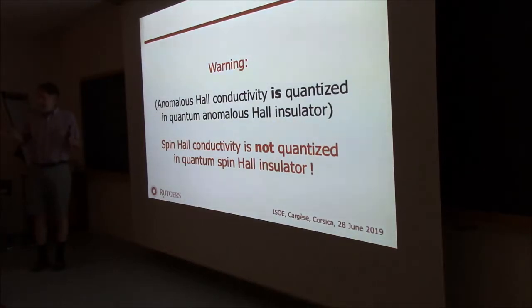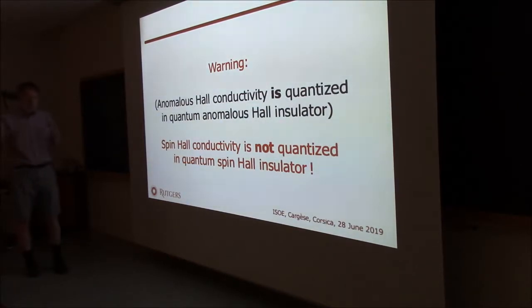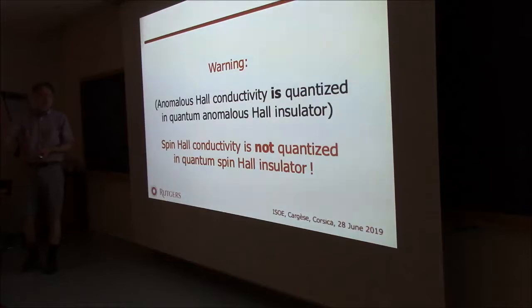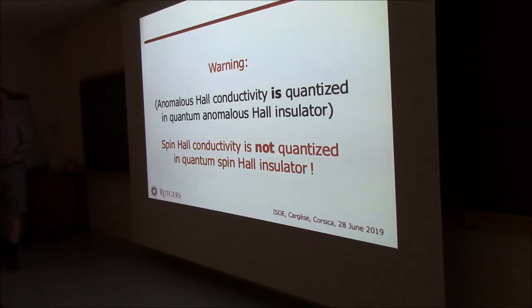It may be close to the value that you would expect based on superposing up and down spin systems with opposite Chern number, but the problem is that when a spin comes to the boundary, it can experience a local exchange field which causes it to precess into the opposite direction. So spin density is not a conserved quantity, whereas charge density is a conserved quantity. So there's a subtlety here.